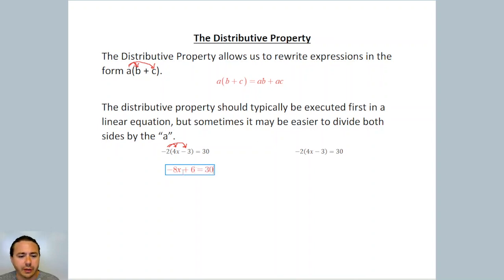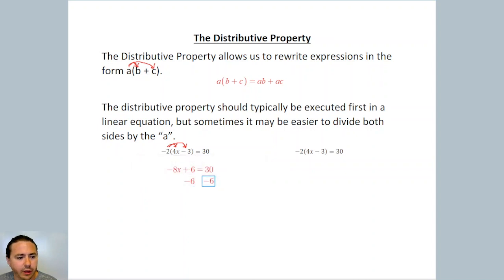Notice I multiplied both terms by this negative 2, making sure that I'm multiplying by a negative, and that's going to flip the signs of both of these terms. And then I just solve it like a two-step equation. I want to subtract 6 from both sides. Then I'm going to divide both sides by negative 8, will be my next step.